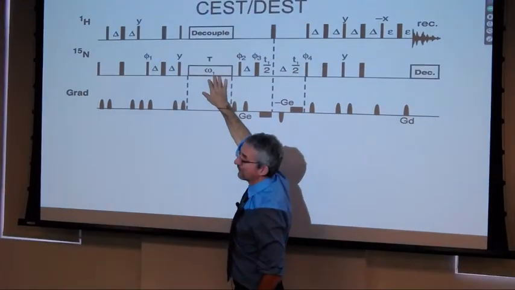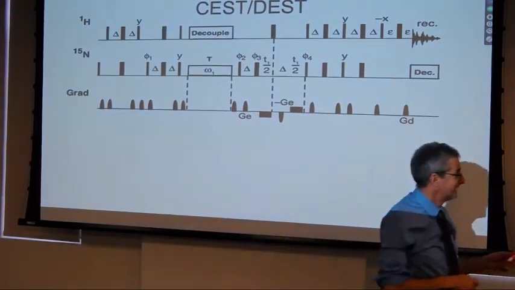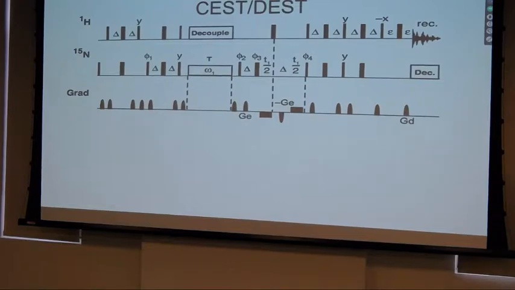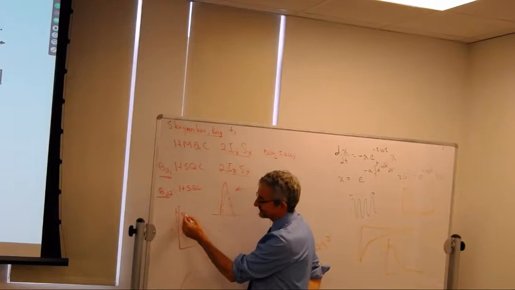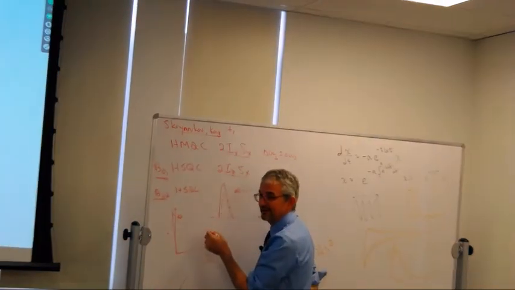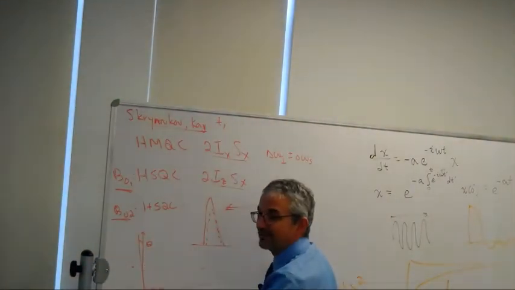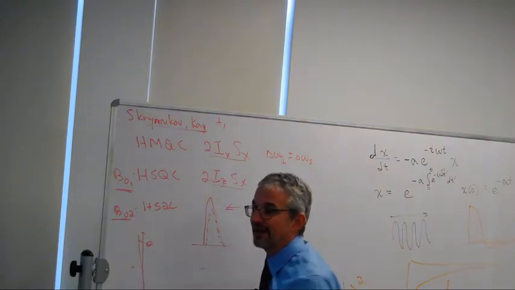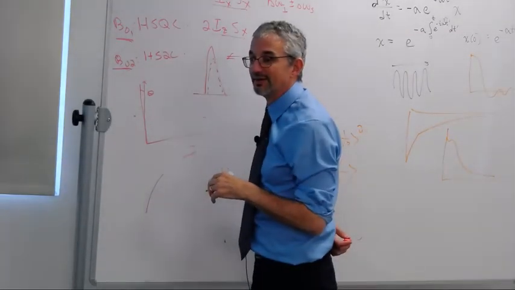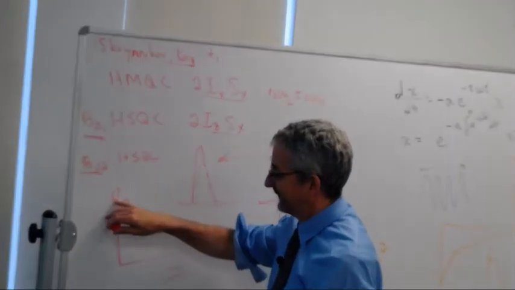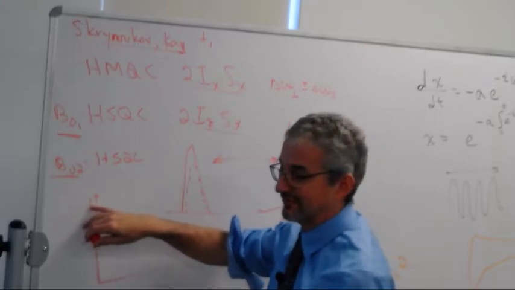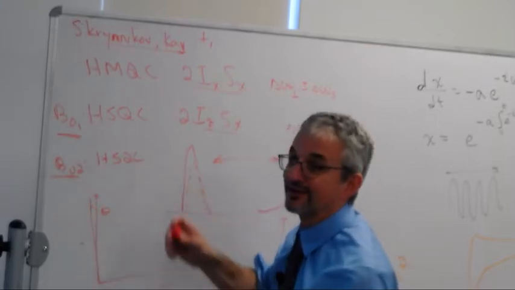This field is so weak that theta is very small if the field is weak, and that means in the time period capital T, the orthogonal magnetization is just going to relax away from R1 rho and the R2 rho and the B1 inhomogeneity, and if that's a very small amount of transverse magnetization, who cares?